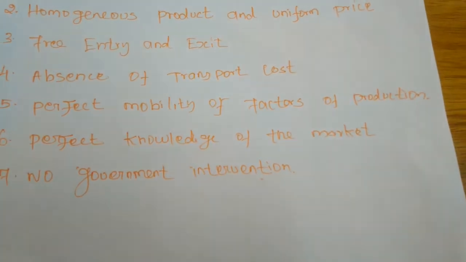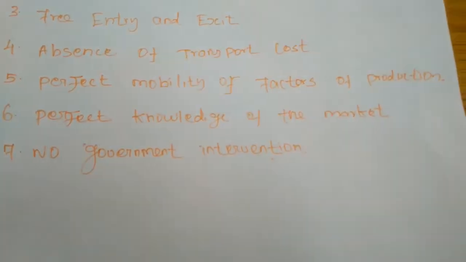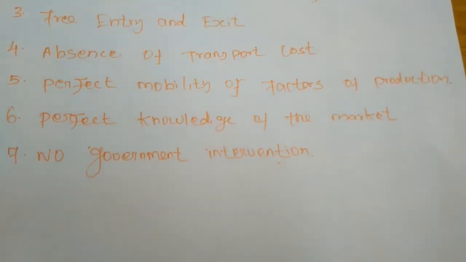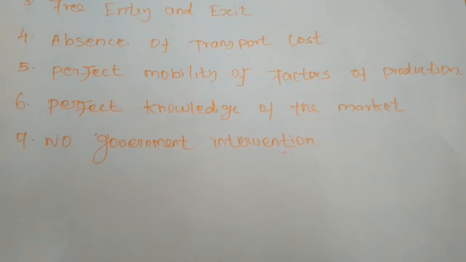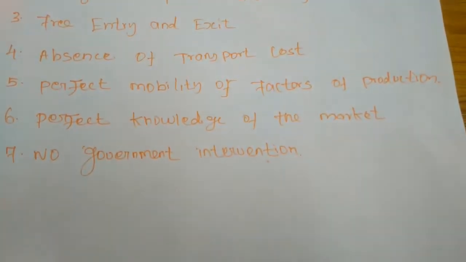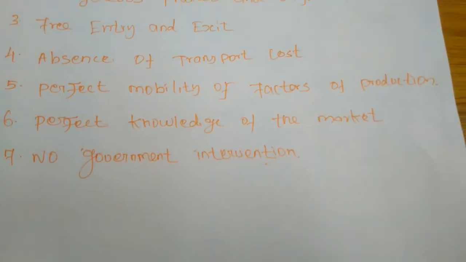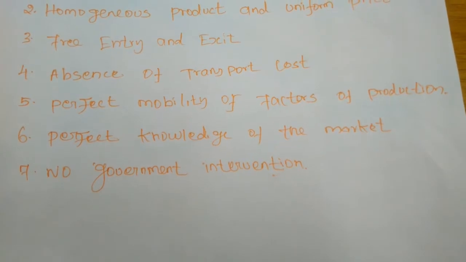Next, perfect mobility of factors of production. So in perfect competition, all the factors of production can easily move from one place to another or from one producer to another. Because in this period, all the producers want to earn more profit by increasing the supply of commodities. But on what basis can they increase the supply?